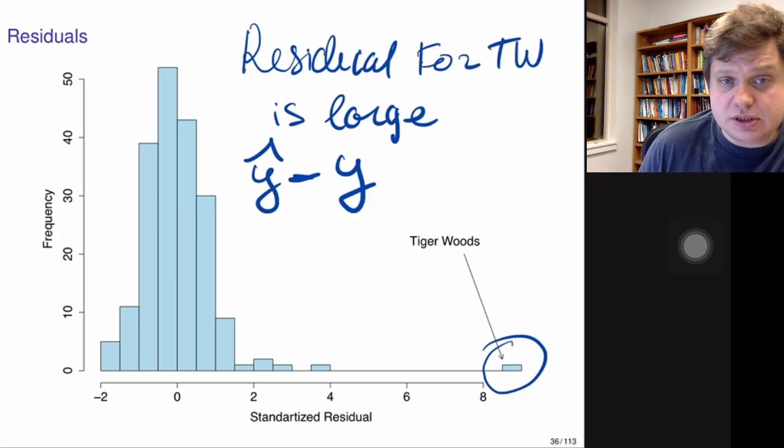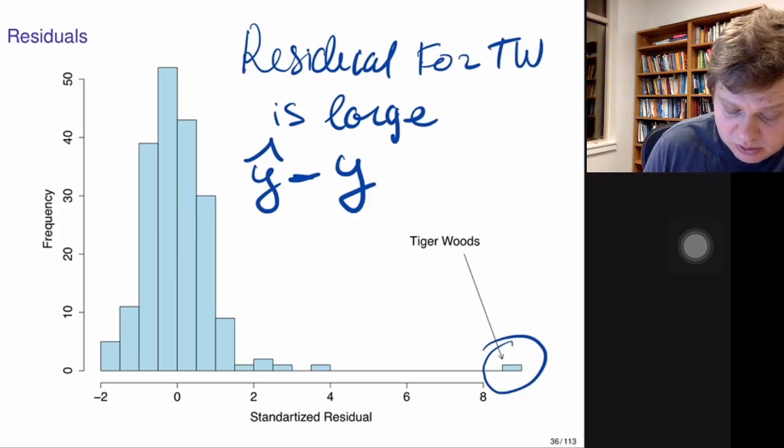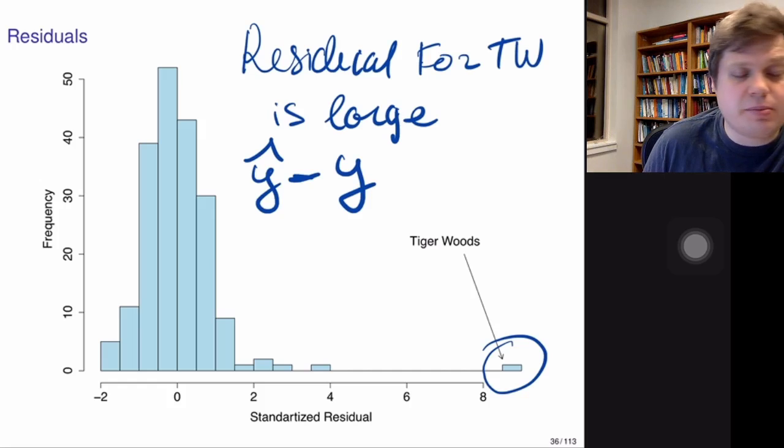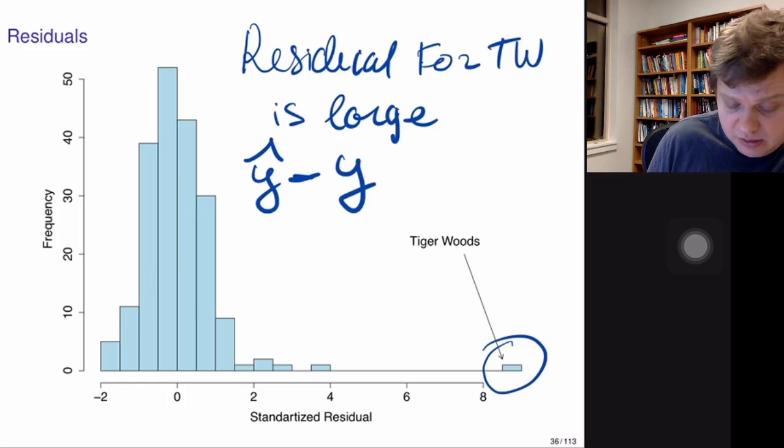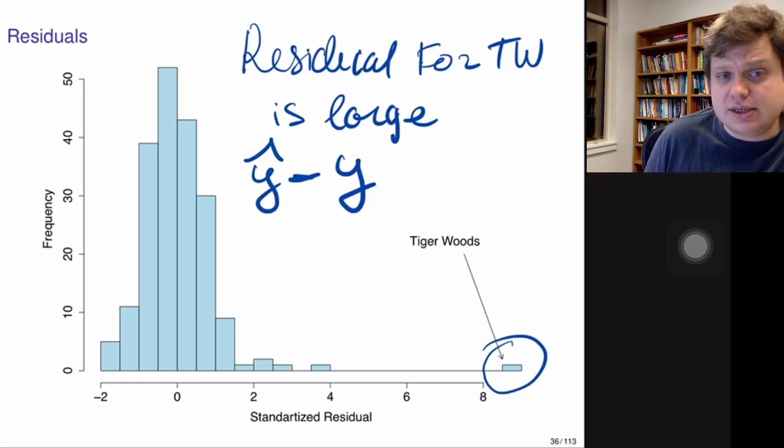And why is this difference so large? Essentially, the model tells us that Tiger Woods made a disproportionately large amount of money in reference to his skills. And again, this is the same story, top player versus non-top player.